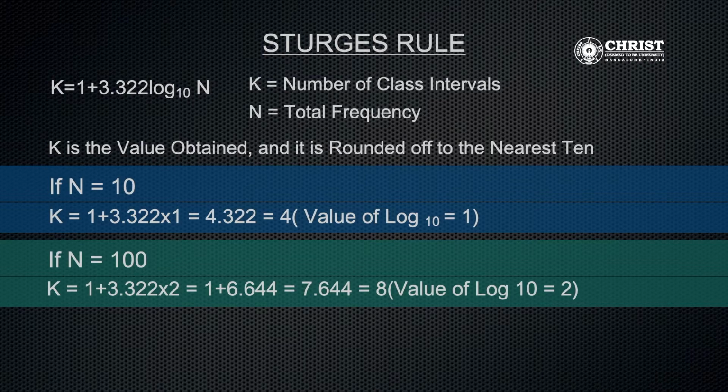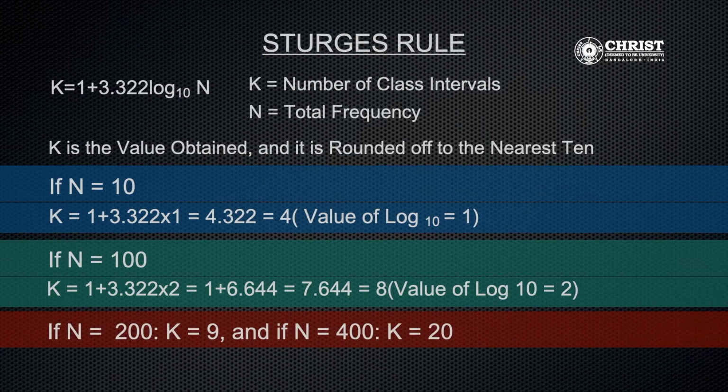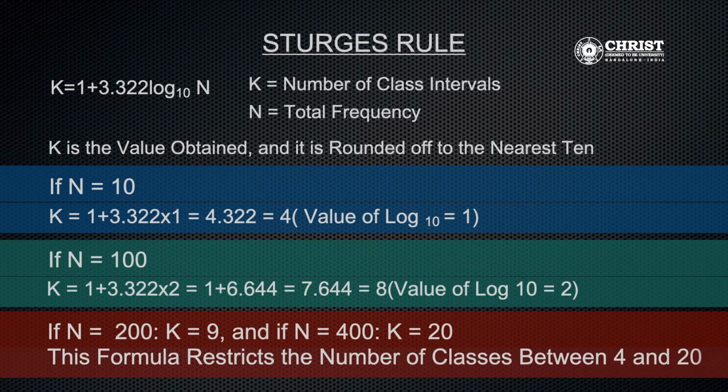So you get 1 + 6.644 = 7.644, rounded off to 8. If n is 200, K will be 9. If n is 400, K will be 20. So we are deciding the number of classes between 4 and 20.